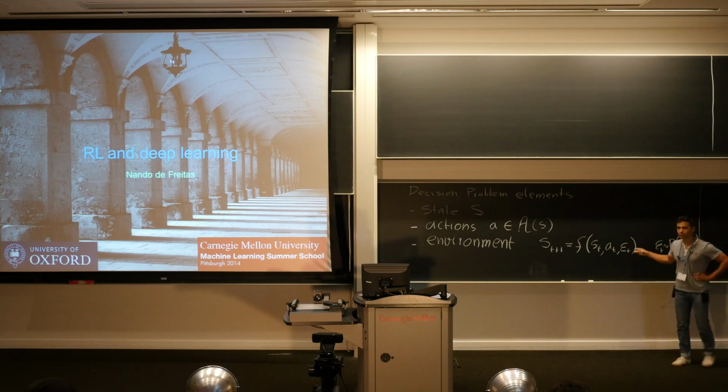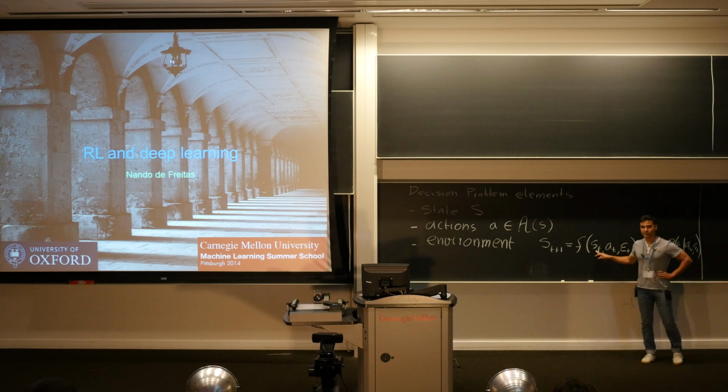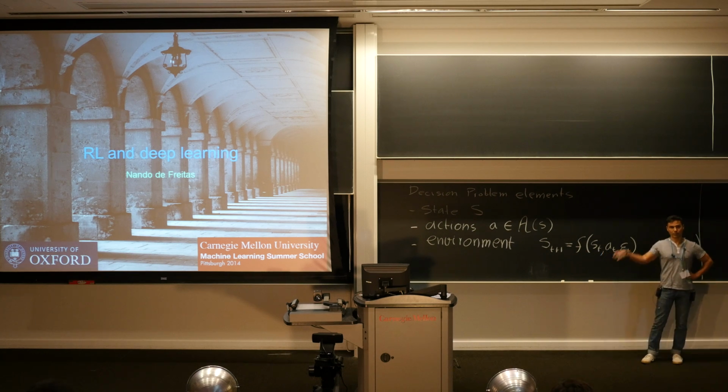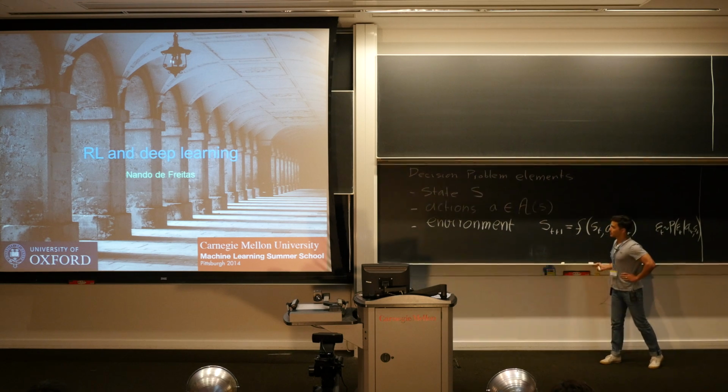Okay, so you sense the world, you act upon the world, and it changes in a deterministic fashion, but it also has unpredictable elements to it, which I encode with epsilon.